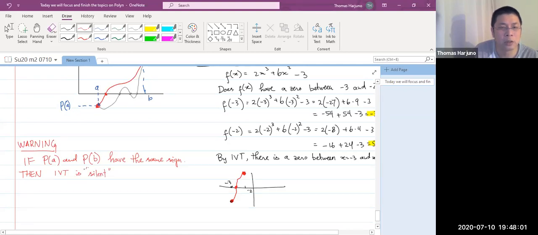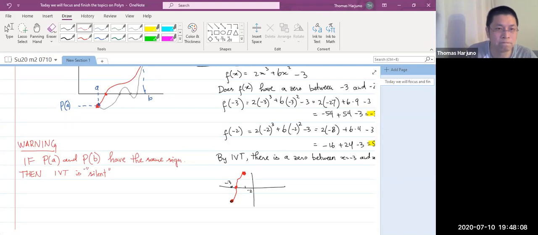In other words, the intermediate value theorem doesn't say anything if they have the same sign.